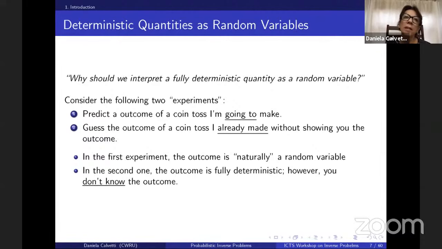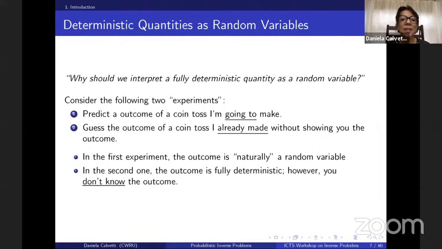This is actually a deep question here, because some quantities are definitely deterministic. There is no distribution around them, but what makes them suitable to probabilistic interpretation is that we don't know what the outcome is.